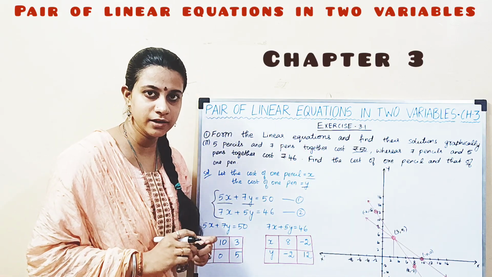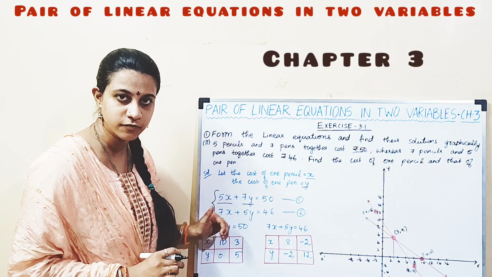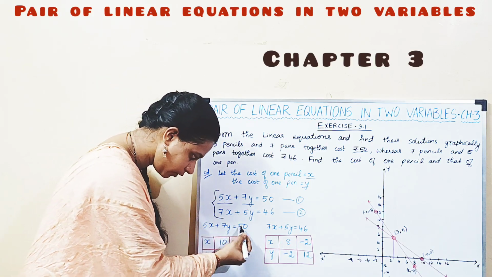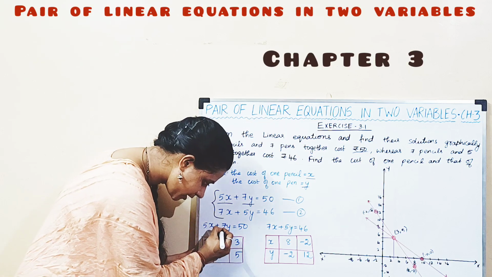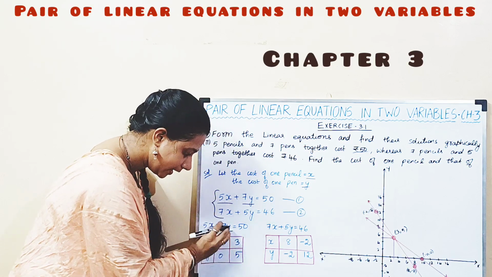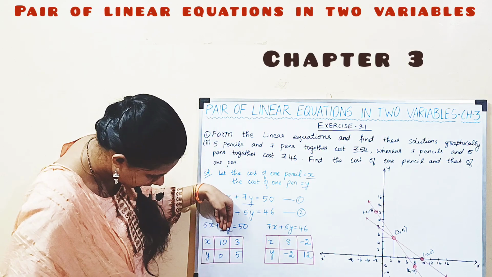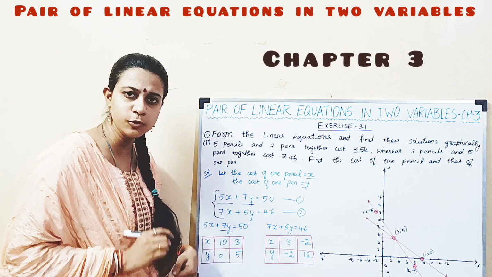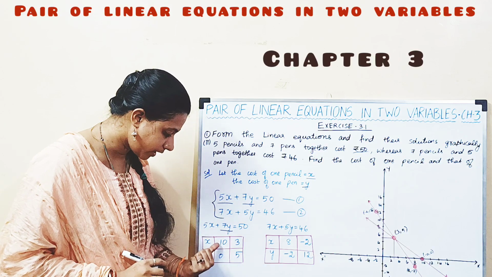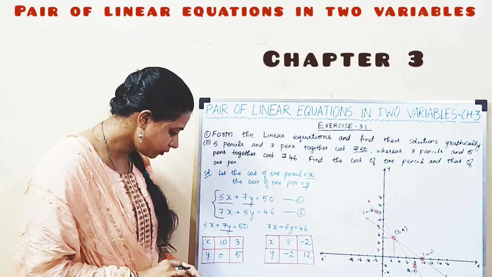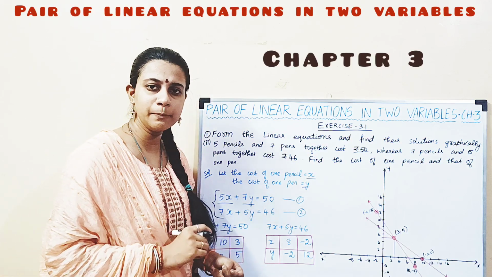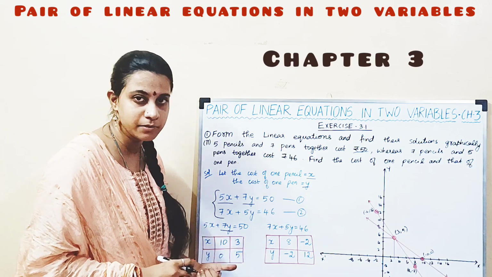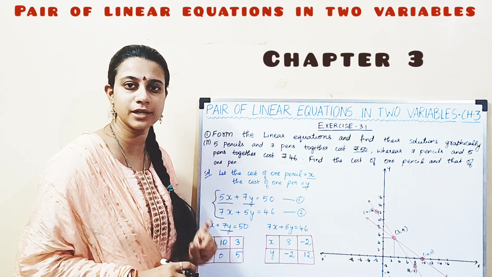Now for the graphical representation, we should take the points for these 2 equations. First equation, 5x plus 7y is equal to 50. If we substitute 0 in place of y, this term will be eliminated, so we get x equal to 50 by 5, x equal to 10. So the first point is (10, 0). Coming to the second point, we generally prefer to take values in which we get whole numbers as the answers for both x and y.